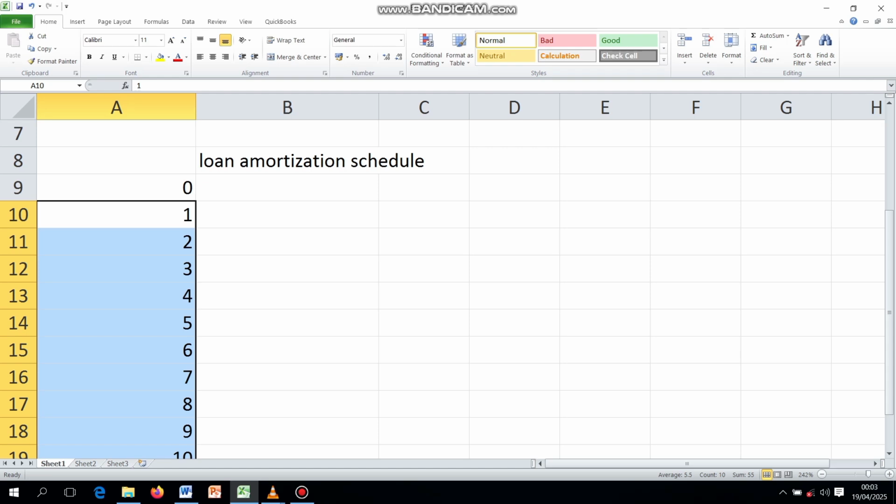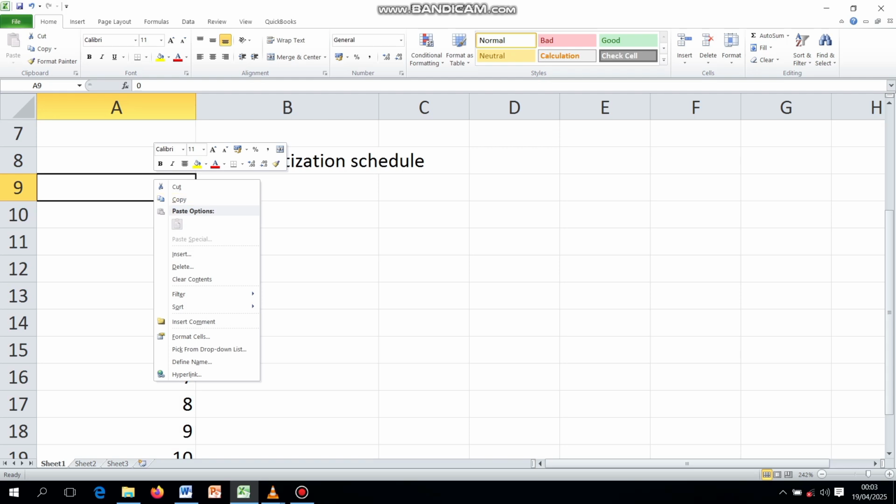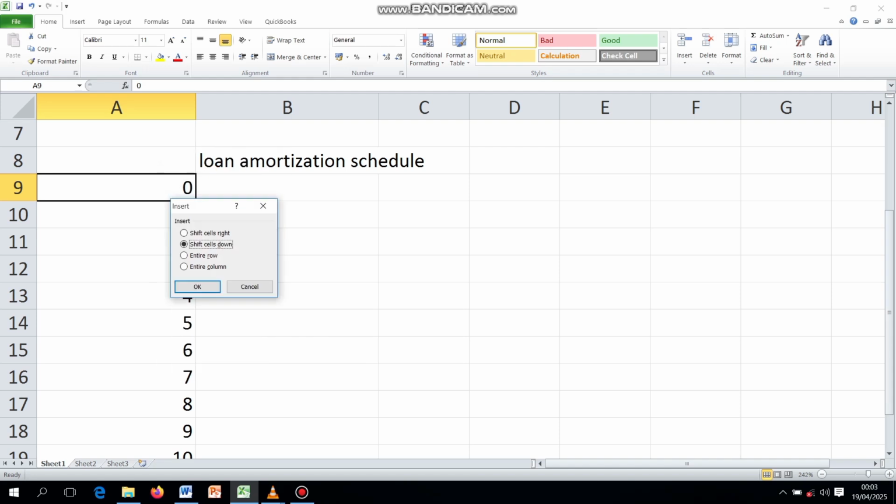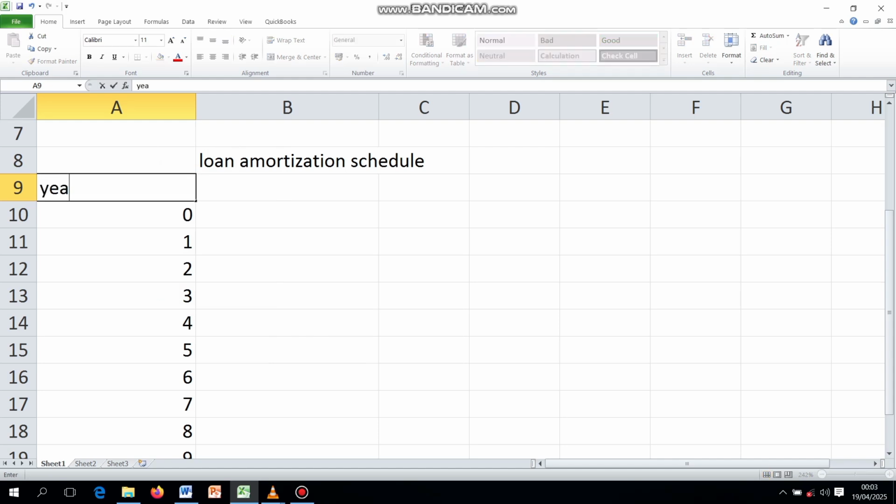Oh, sorry, I had forgotten something. So I'm going to come here, right click, then I will say insert, then the entire row, and I will press OK. Then add another row. So these are the rows which I've been working on.